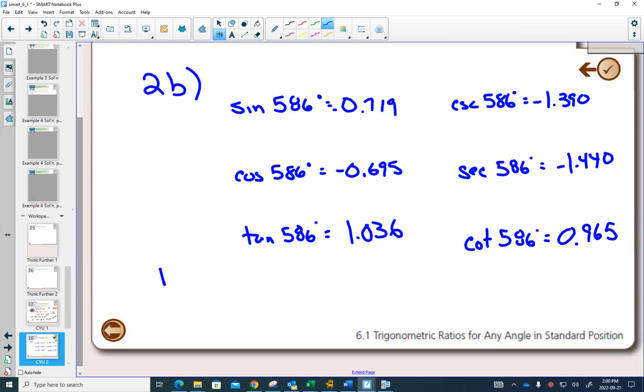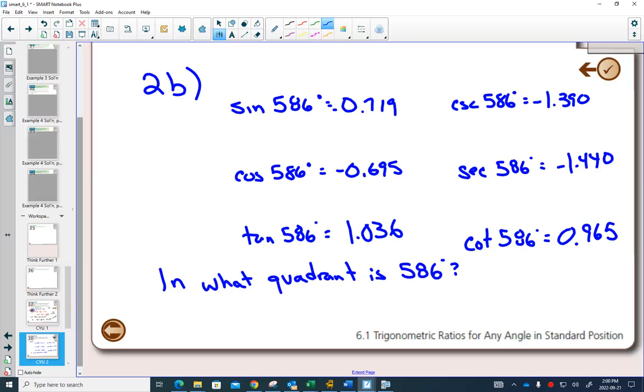I'm going to add a few other questions. Where is 586 degrees? It's more than 360, so if we're in standard position, it would go once around the circle. Would it end in quadrant 1, 2, 3, or 4?